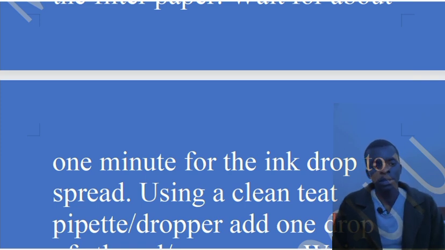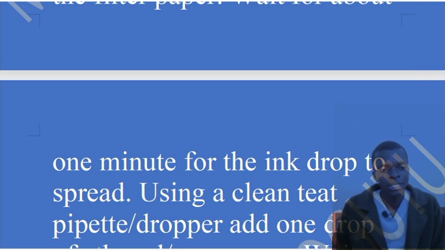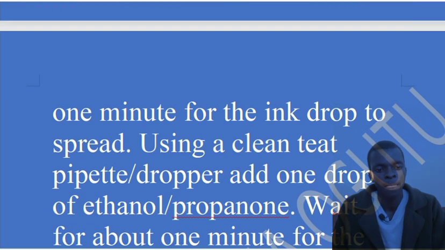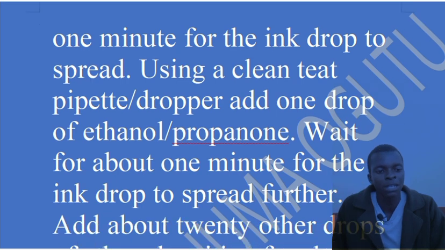Then the second method, we cut an 8 centimeter thin strip of filter paper. At about 3 centimeters on the strip, place a drop of ink, and place the filter paper in a 10 centimeter boiling tube containing 5 cubic centimeters of ethanol.